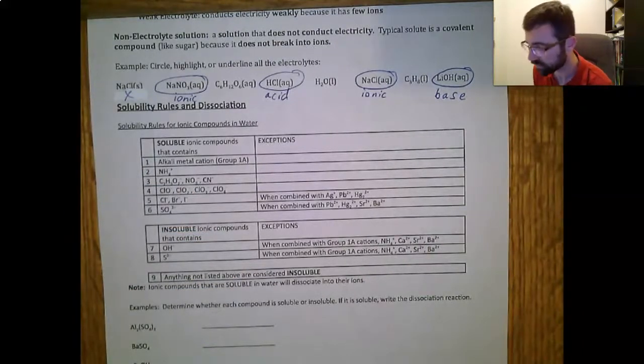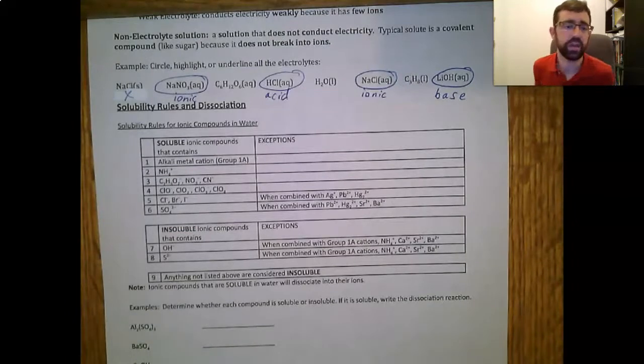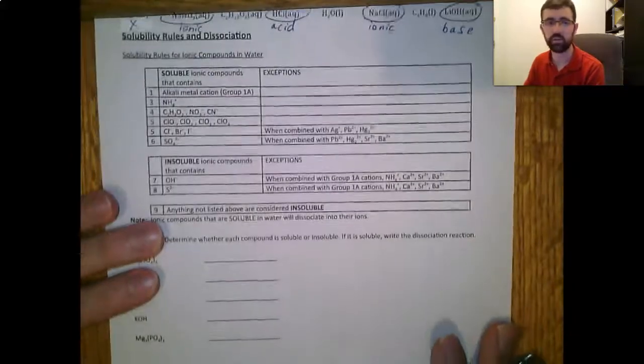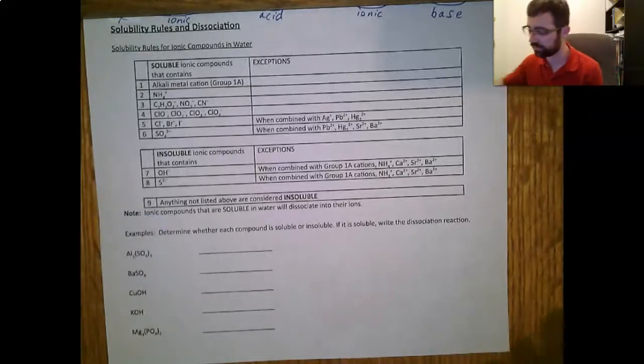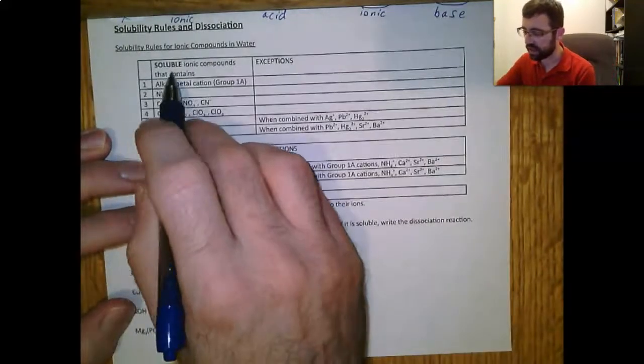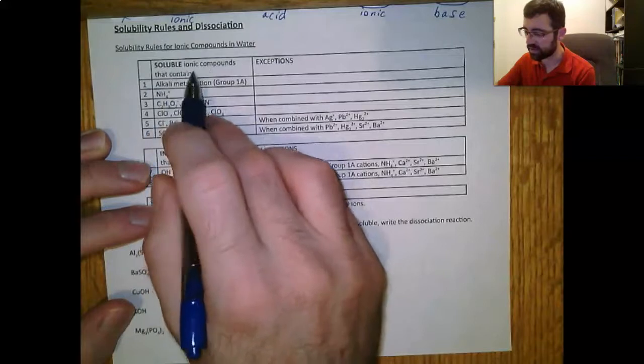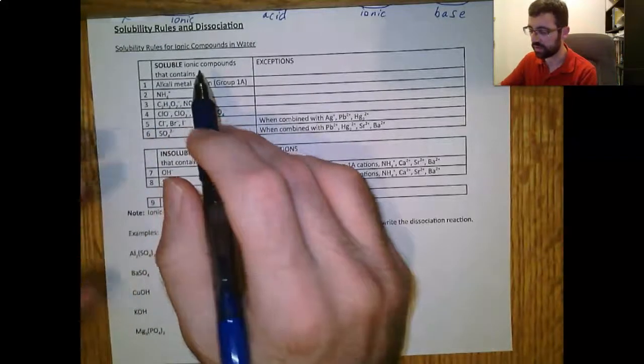Okay. Then we get into some general solubility rules. I'll teach you how to read these solubility rules and make some determinations based on it. If something is soluble, if an ionic compound is soluble, it's going to be following one of these rules.